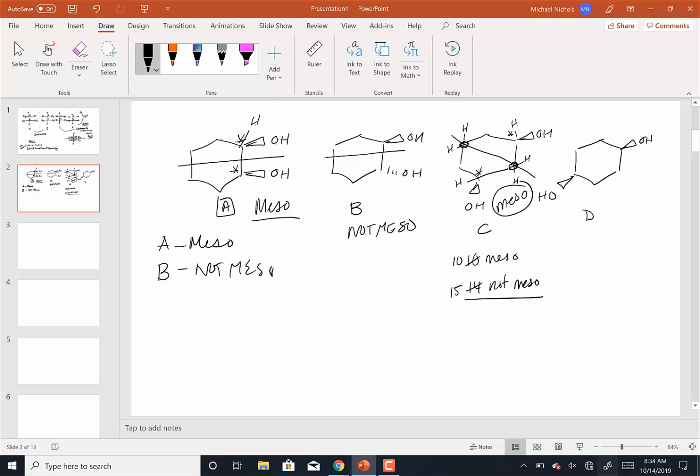I have 18 mesos and 6 not mesos. Okay. Anybody voting not meso want to defend their choice of not meso?